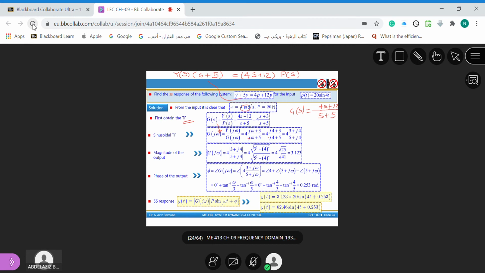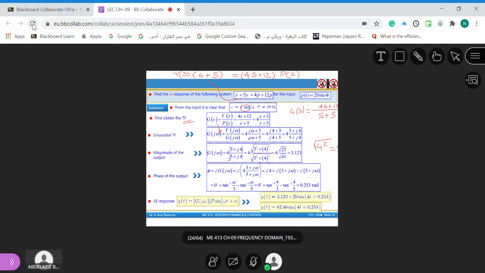Now for the amplitude, 4 is simply 4. The magnitude of the numerator over the magnitude of the denominator is the square root of the real part squared plus the imaginary part squared, over the square root of the real part squared plus the imaginary part squared.